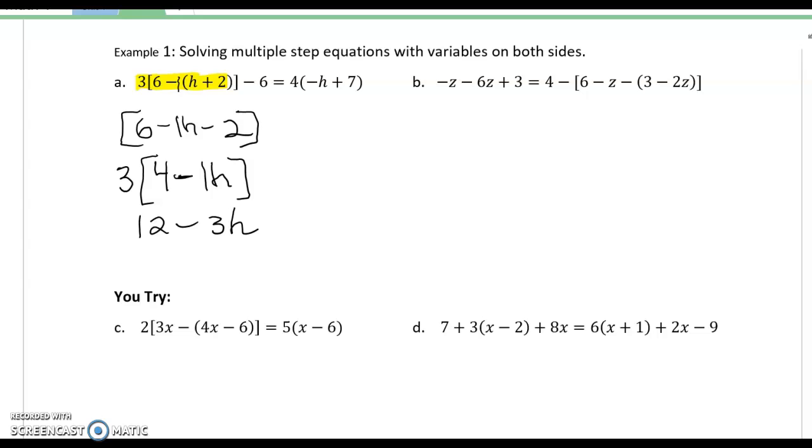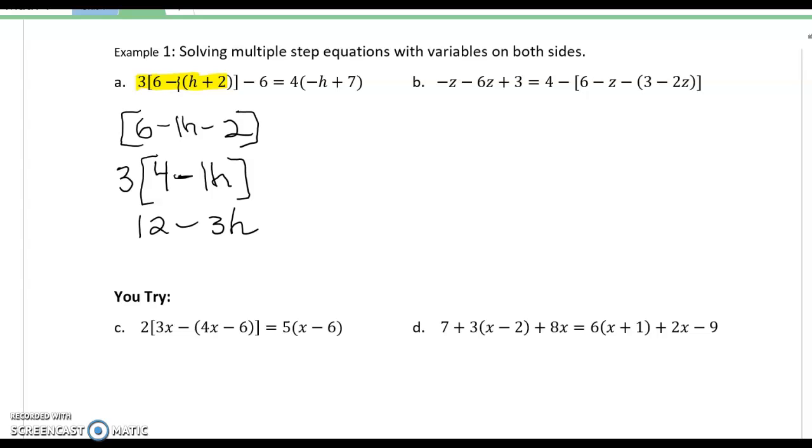So once I do that, you see that the parentheses and the brackets that were originally on the left side are now gone. Okay, so again, if you need to replay this to watch what we did, remember, when you have parentheses inside brackets, inside other grouping symbols, we want to work our way inside out.